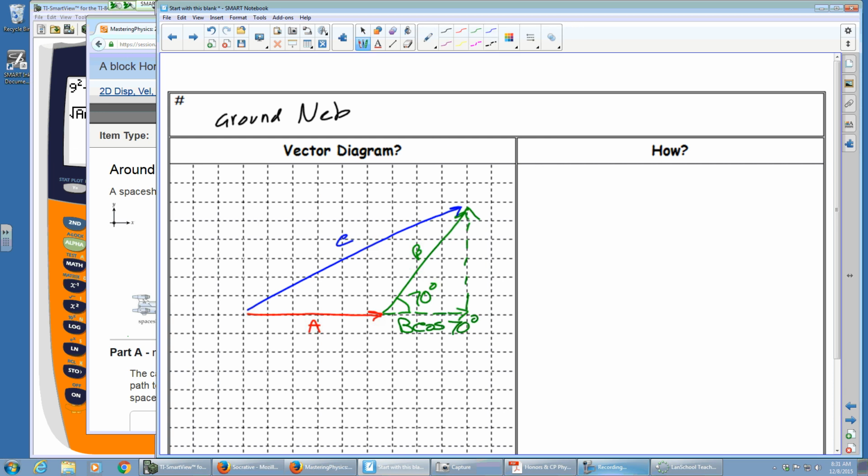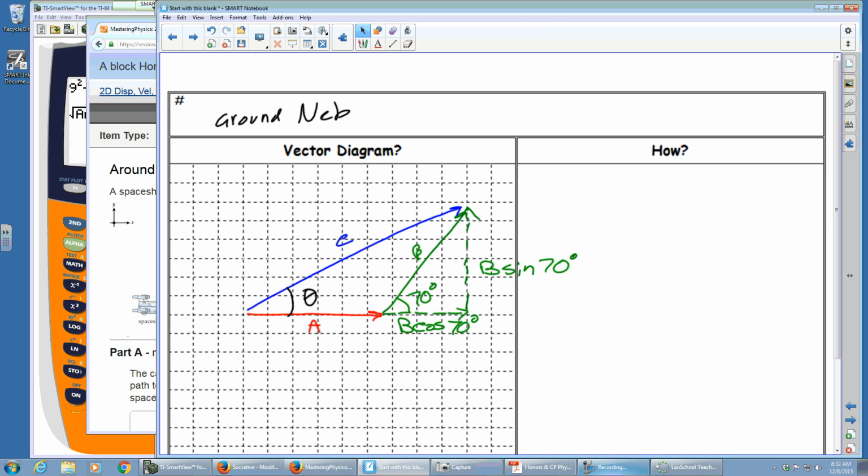And the opposite component is B sine 70 degrees. And now I have a big right triangle, where one side is the length of A plus B cosine 70. The length of the other side is just B times sine 70. The hypotenuse is my displacement. And they're asking for the angle down here.